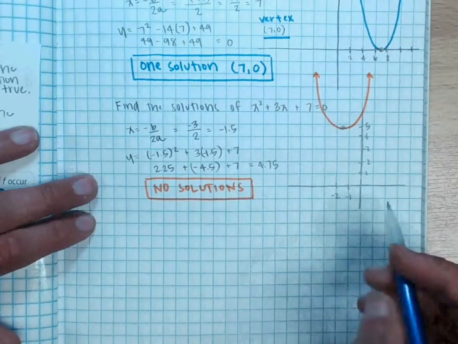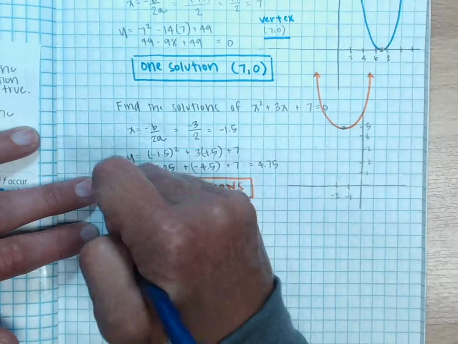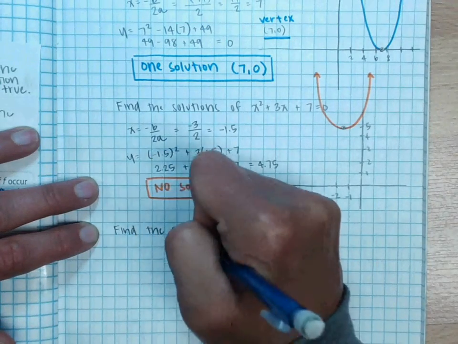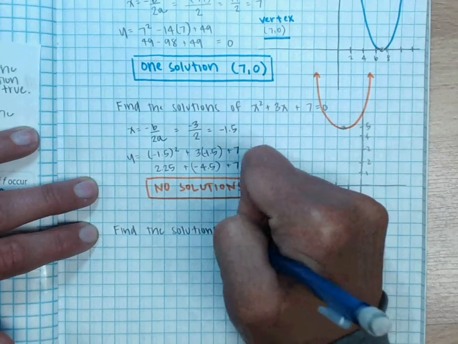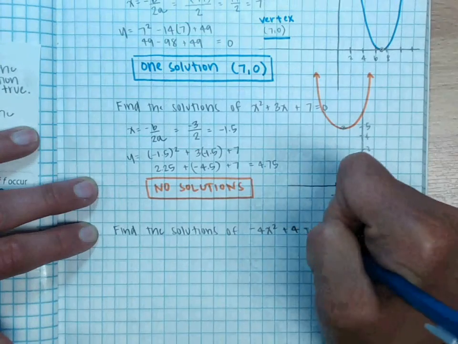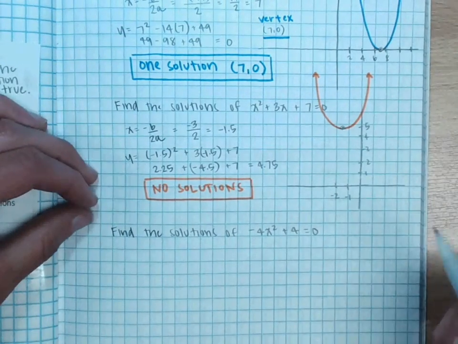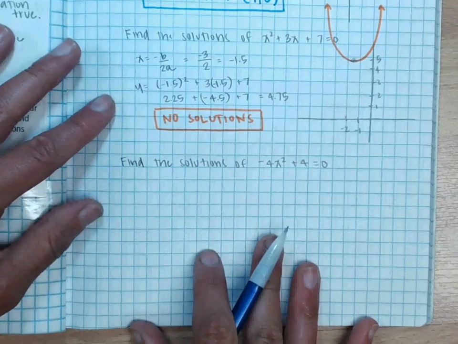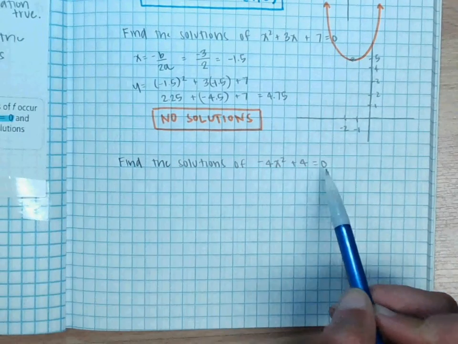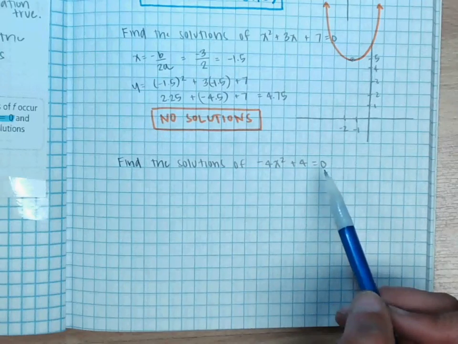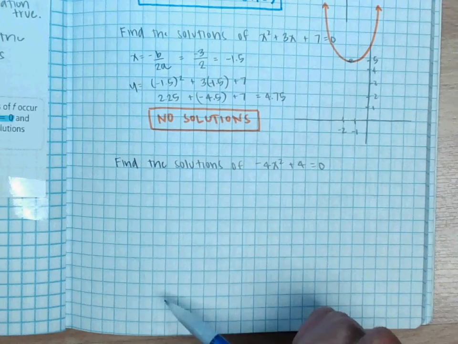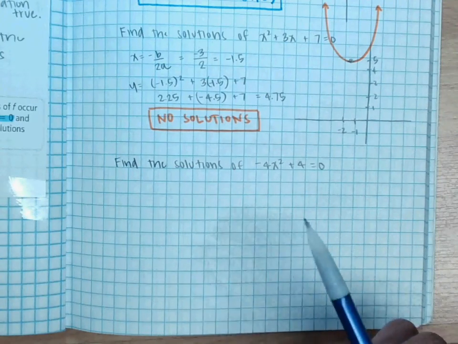Okay, so now we're going to do one that actually has solutions. Well, it has two solutions. Okay, so find the solutions of negative 4x squared plus 4 equals 0. So again, I'm going to find the vertex, and then I do have to actually find the points around it because that's how I find the zeros.